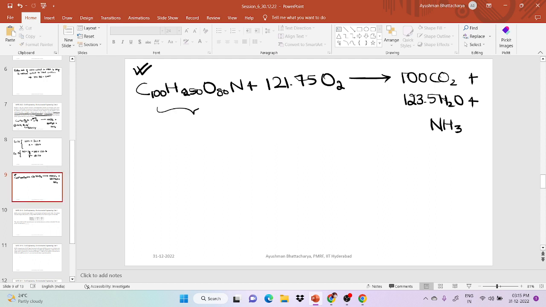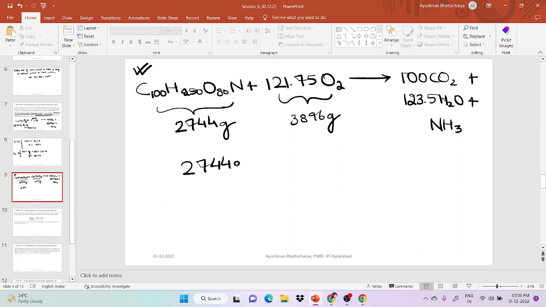If you calculate the molecular weight of this, it will be around 2744, and of the oxygen it will be around 3896 gram. Now simply we apply the unitary method, where 2744 gram of municipal solid waste requires 3896 gram of oxygen. So for 1 ton, basically 1000 kilogram.